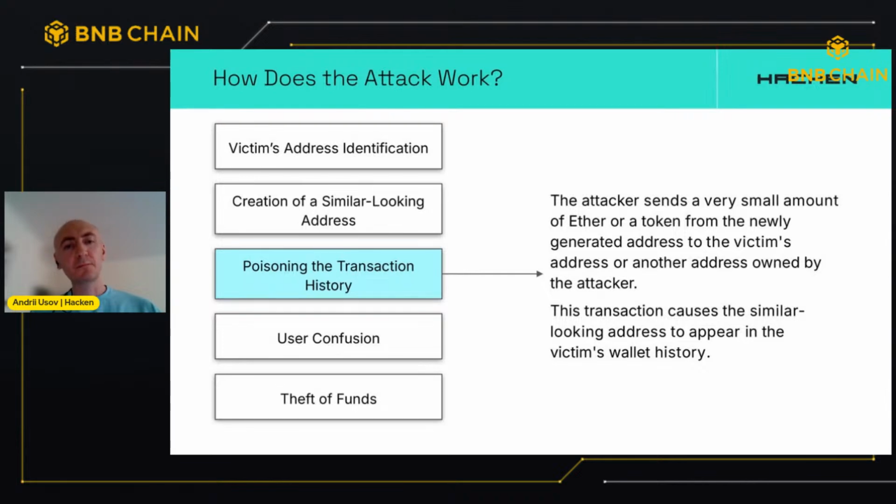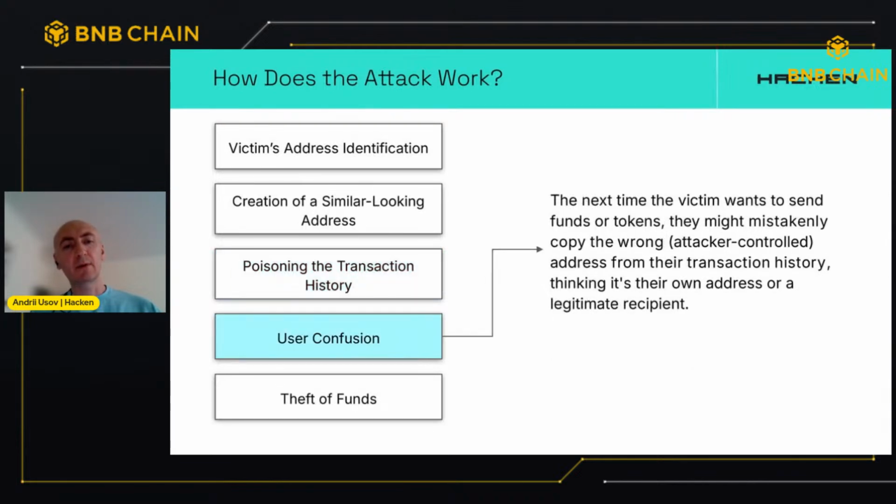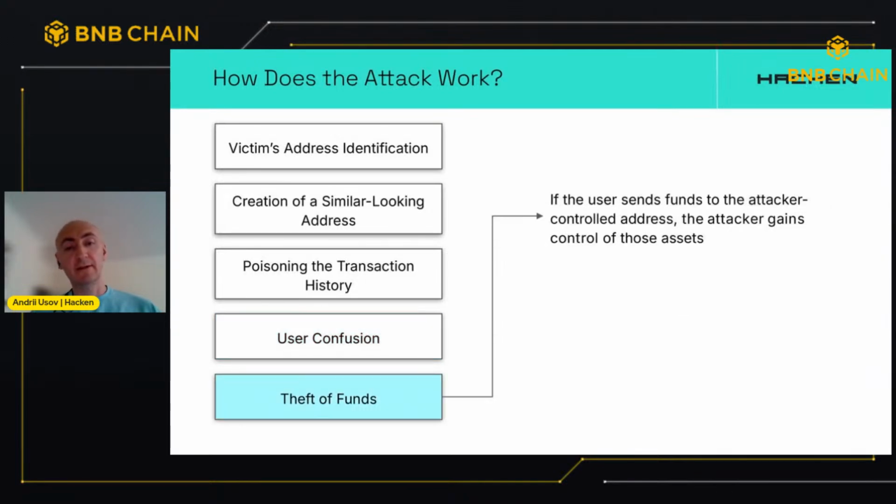As a result, the person just copies the wrong address and sends funds to the wrong address, which is not the correct one but is controlled by the attacker. That's the situation when the attack can be successful.